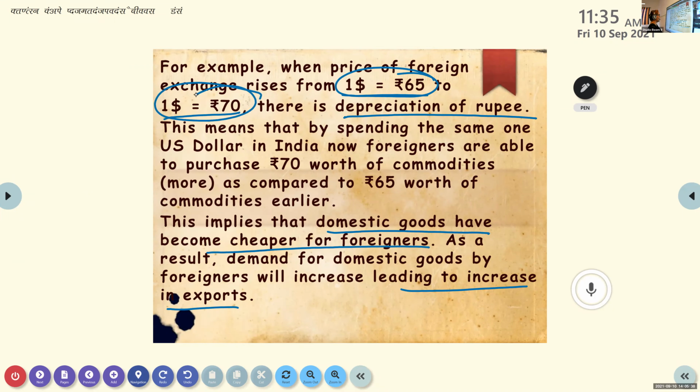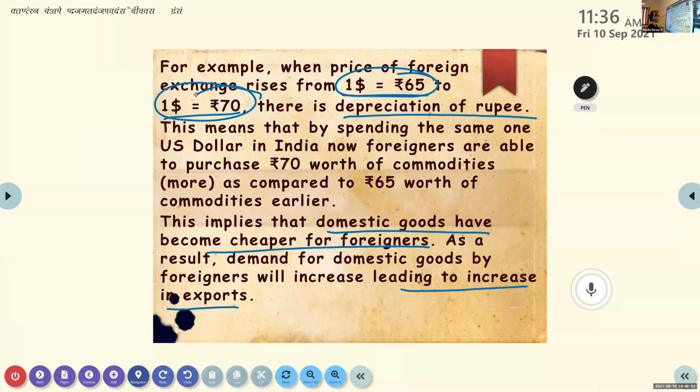Take the two situations: $1 is equal to 65, and $1 is equal to 70. When $1 is equal to 70 rupees, they are able to get more goods than previously. Before they could buy only 65 rupees worth of commodities; now because of depreciation, they could buy 70 rupees worth of goods.